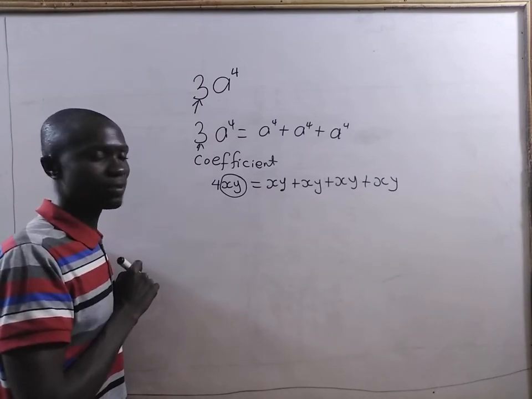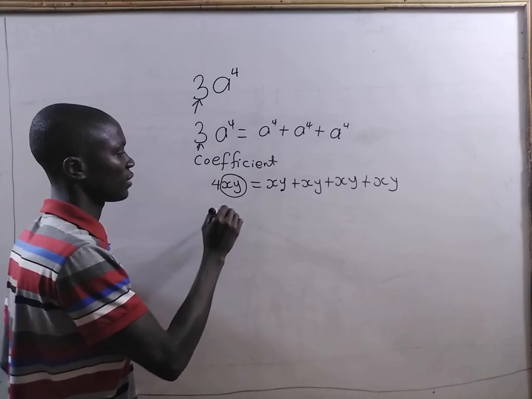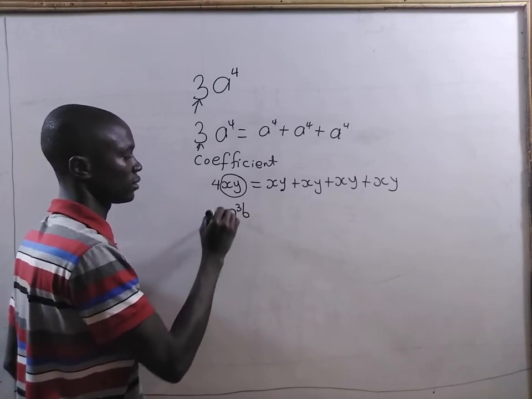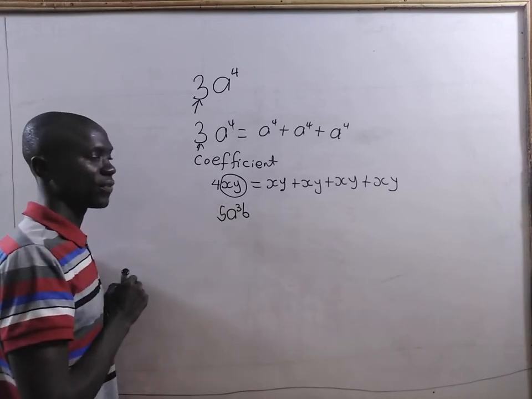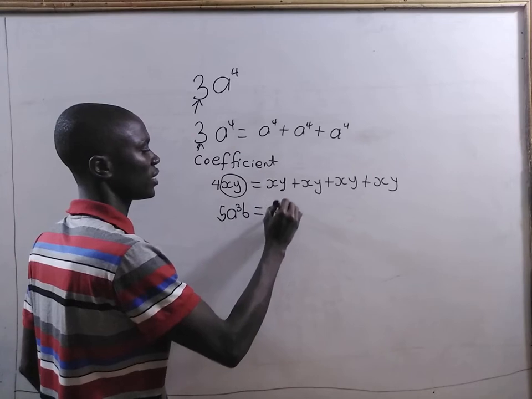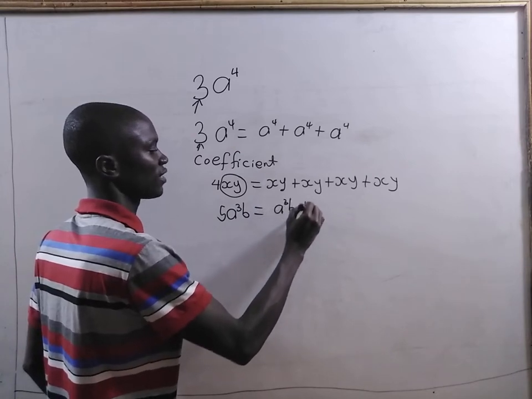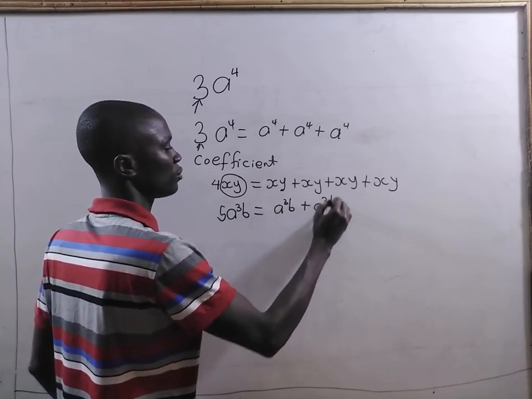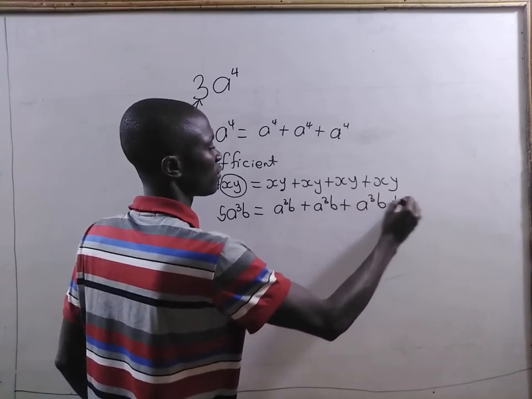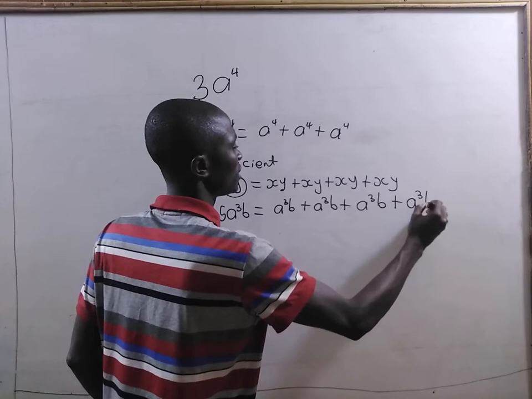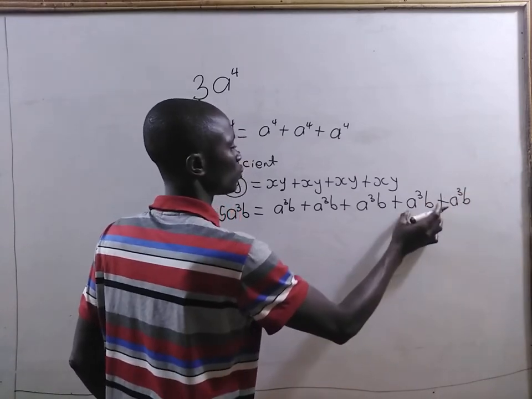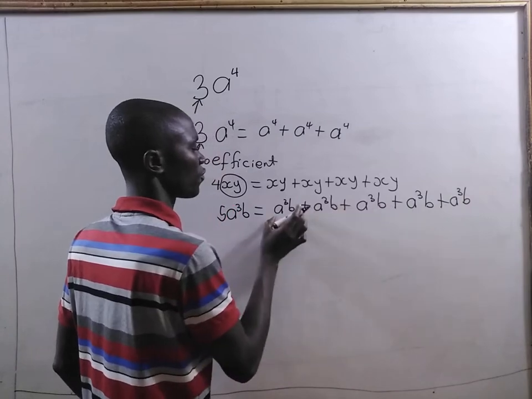Very simple as that. So if we have a cube b, that is 5a cube b, this simply means that I have a cube b plus a cube b plus a cube b plus a cube b plus a cube b. 1, 2, 3, 4, 5.